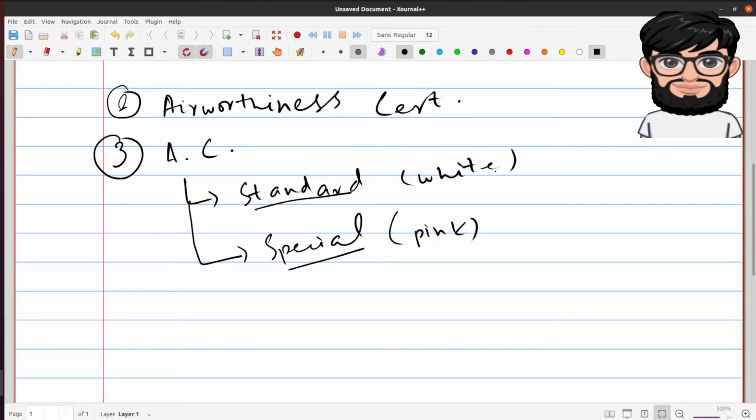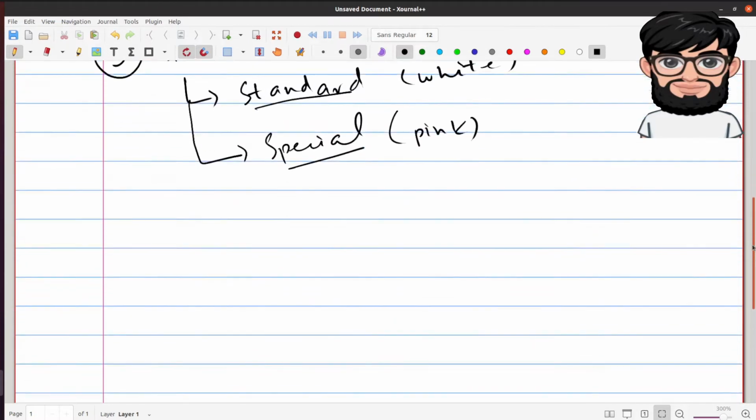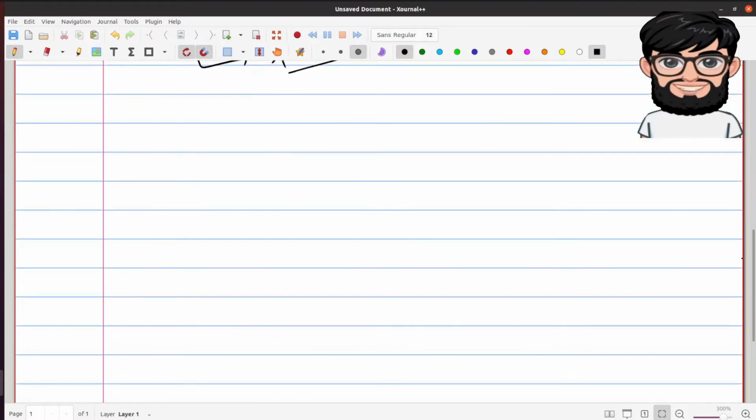So for the special planes, if there is any limitation or restriction, then you will have that special airworthiness certificate.